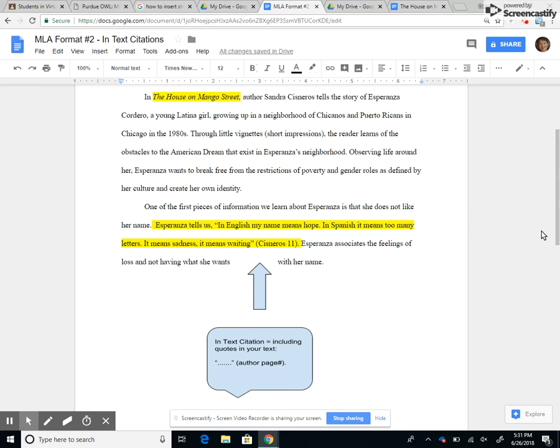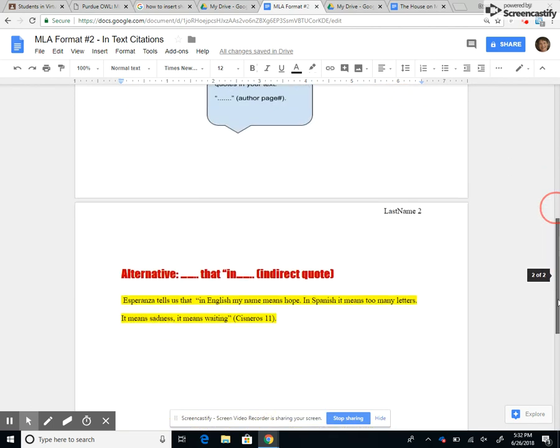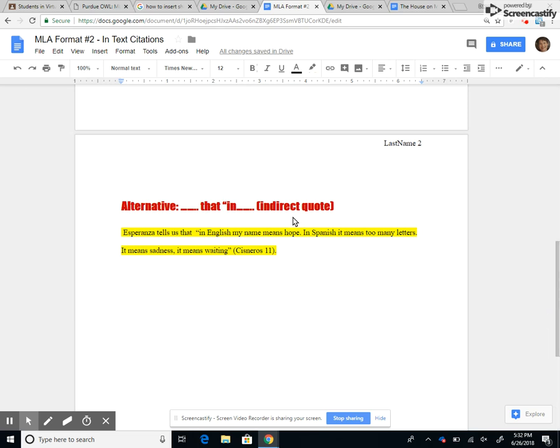There is one alternative that I want to show you. This first way here would be a direct quote. A direct quote means I introduce it with the comma. I follow the comma with quotation marks and capitalize the first word. The alternative would be what is called an indirect quote.